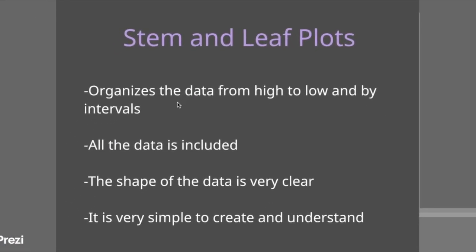So a stem and leaf plot has some advantages. It lists all the data in the plot, so you can see some specific details about the data, and it organizes the data from low to high or high to low. It also organizes it by intervals, like the teens, the 20s, the 30s, the 40s, or the 100s, the 200s, the 300s, and the 400s.